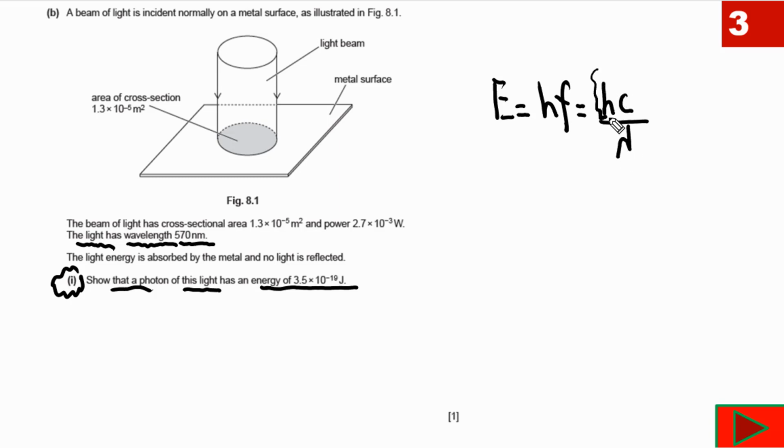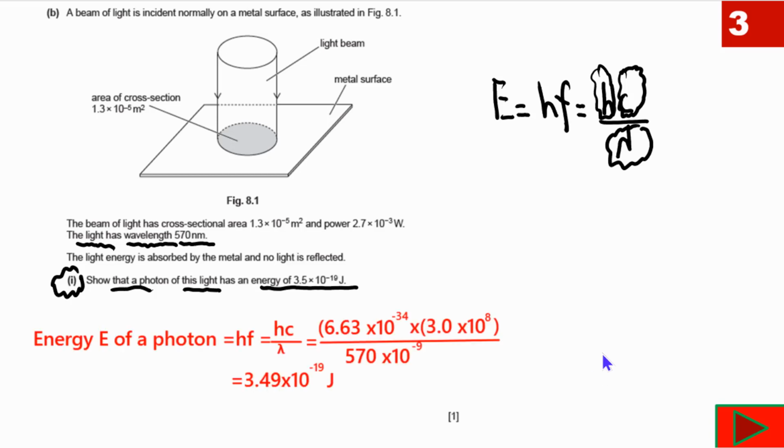Now in this case, h is Planck's constant and c is also a constant, equal to the speed of light, and lambda is given. We simply need to plug in values and we can find the energy of a single photon. So this is how we can calculate. You can see I have plugged in the given values and done these calculations.